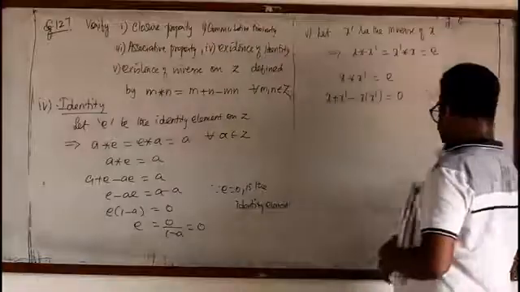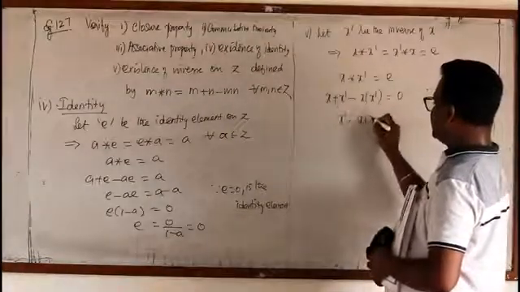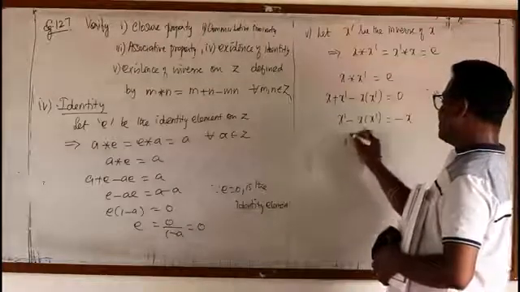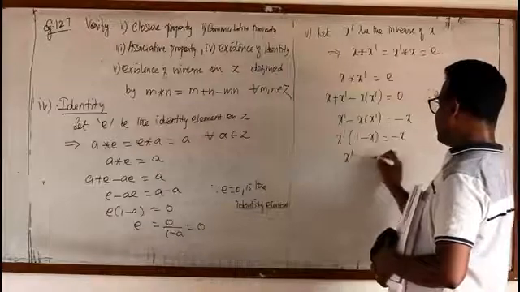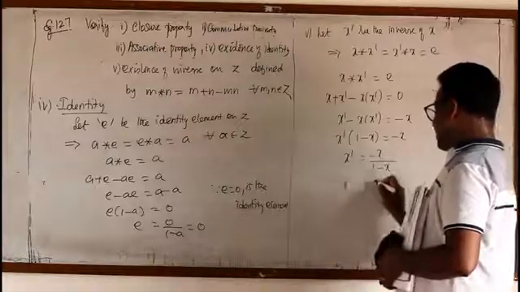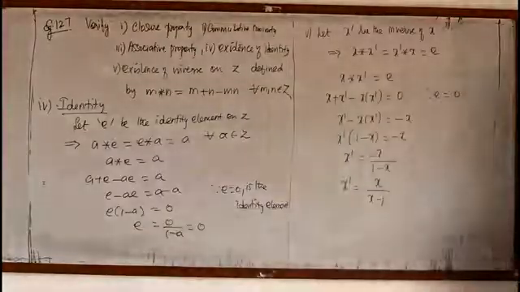From this, we shall find what X dash is. So X dash minus X into X dash equal to 0 minus X, that is minus X. I have to find X dash. X dash into 1 minus X equal to minus X. So X dash is what? Minus X by 1 minus X, or I can write it as plus X by X minus 1. So I take the minus and cancel.